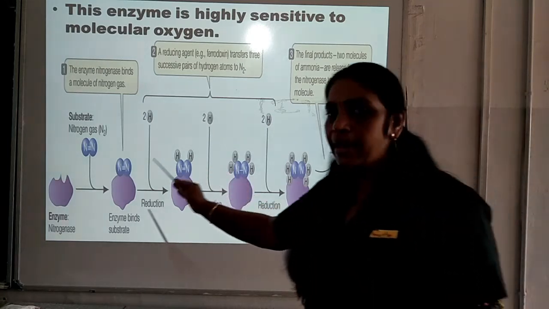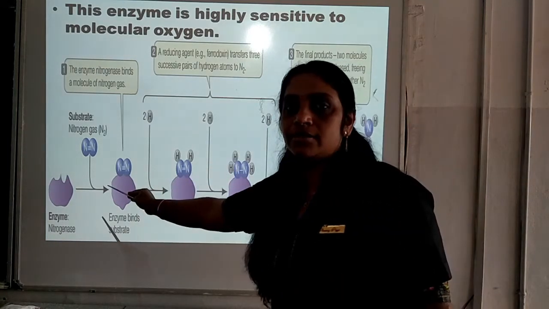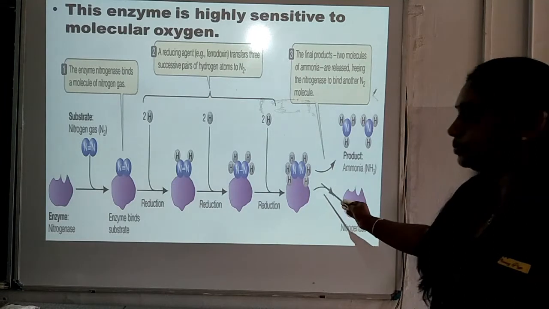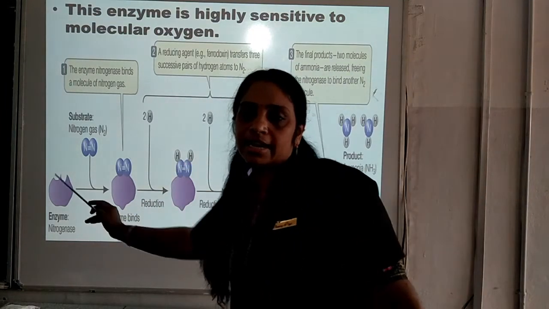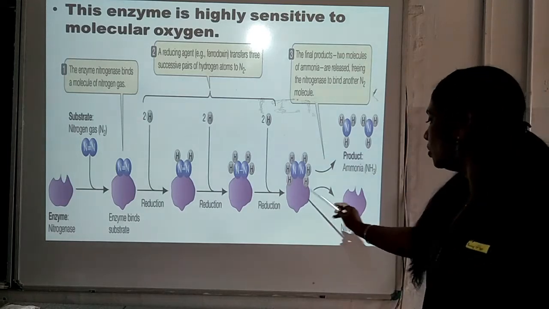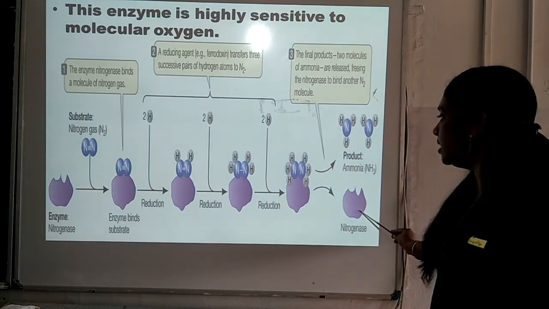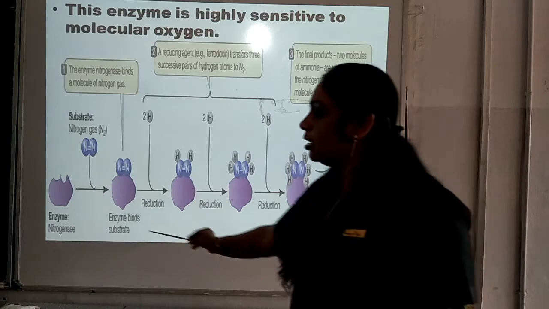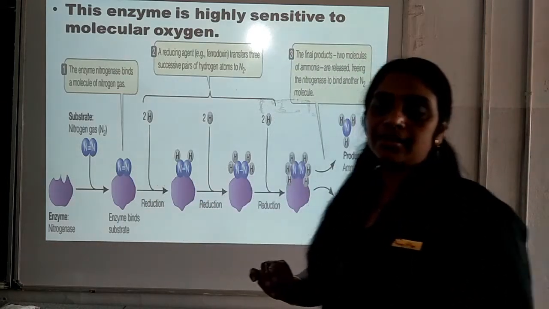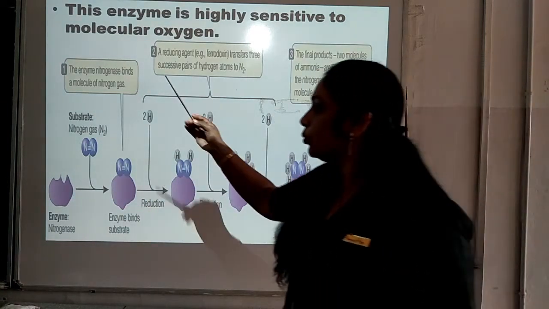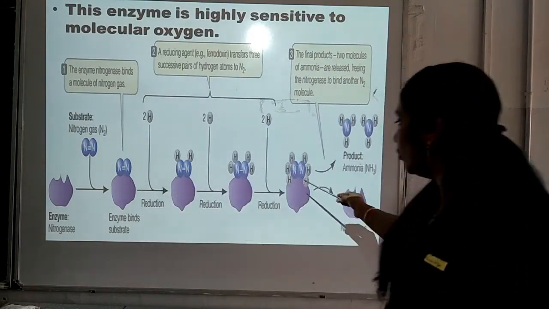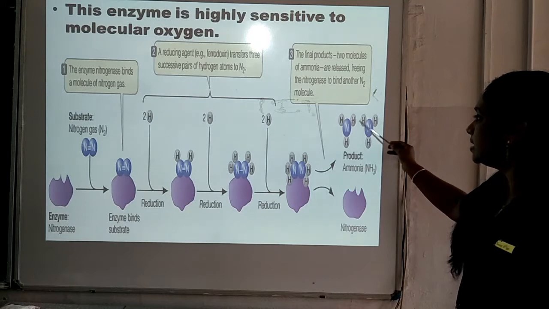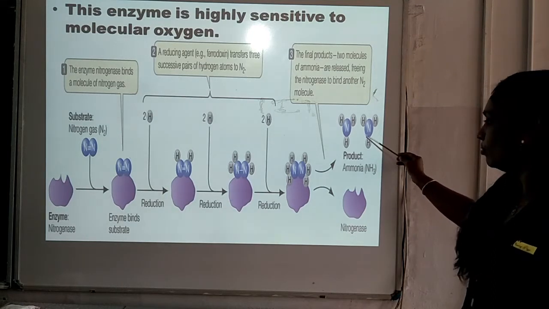So, in this manner the atmospheric nitrogen is being converted to ammonia with the help of the enzyme nitrogenase, and later on this enzyme nitrogenase will go back for the second cycle, where it will combine with other nitrogen gas for the formation of ammonia, and you can see the product ammonia is formed here.